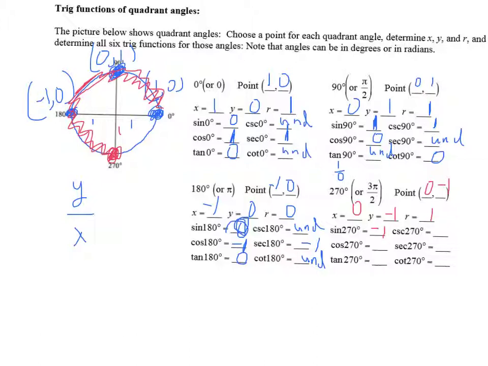The cosecant is the reciprocal. The cosine is the same as the x, and its reciprocal will be undefined. Tangent will be negative 1 over 0, which is undefined. And cotangent is 0 over negative 1, which is 0. So that's how you deal with the quadrantal angles.